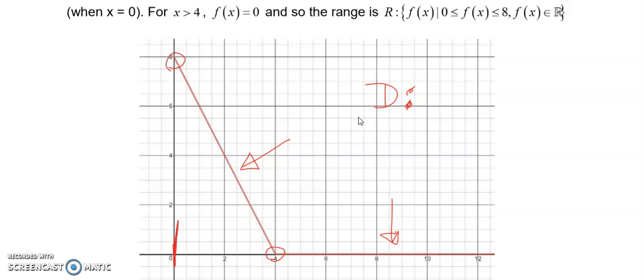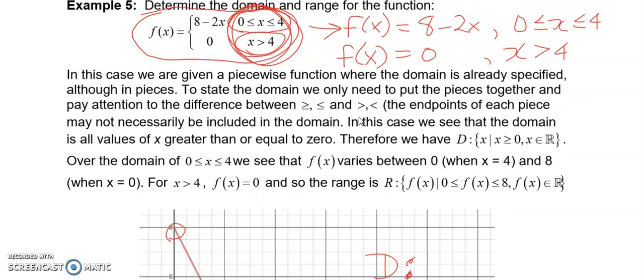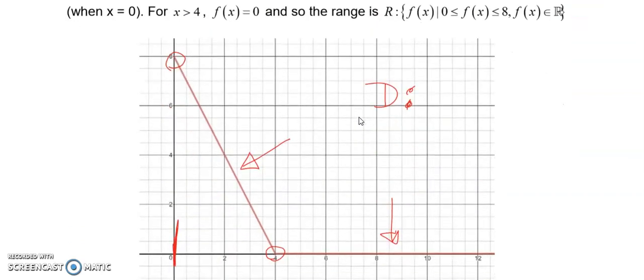That's 0. And where does it go? Well, according to this domain up here, it says x is greater than 4. So that piece of the line actually does go up to infinity. So here's your domain in this case. It's values of x such that x is greater than or equal to 0. x belongs to the real numbers.